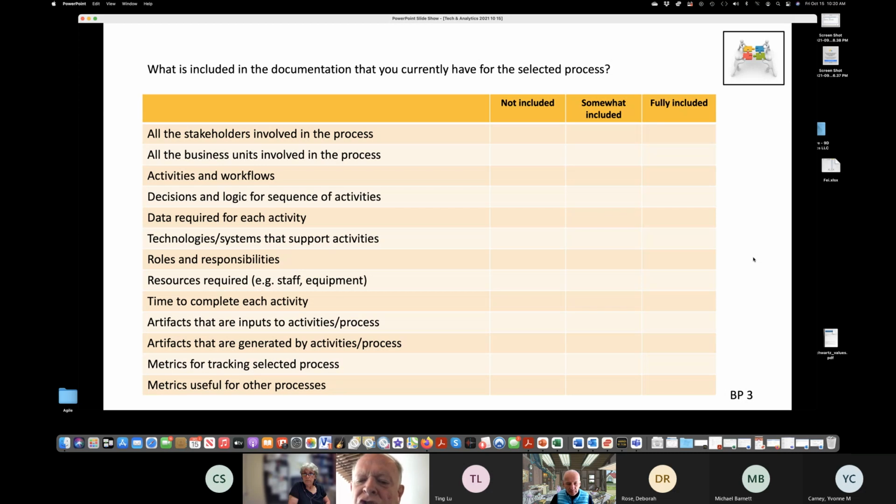And Mike Barnett hasn't chimed in here, but one thing that will happen with this is that this itself is a business process. In this business process that we're designing, it does have the activities and the questions, the source of data and the decisions. It also has the roles and responsibilities.